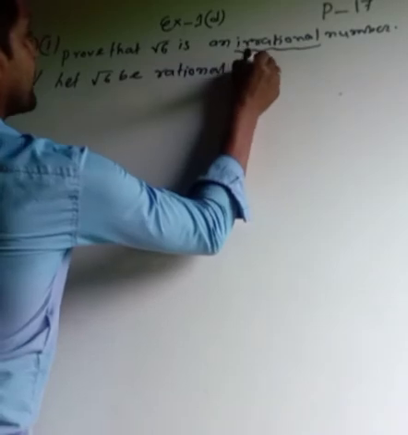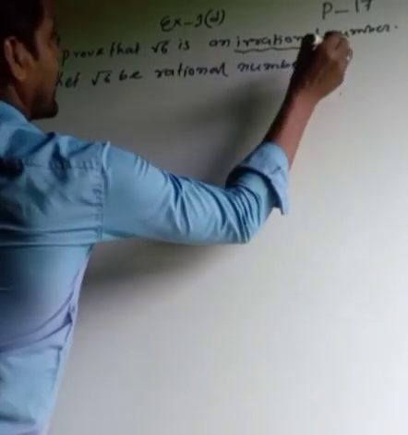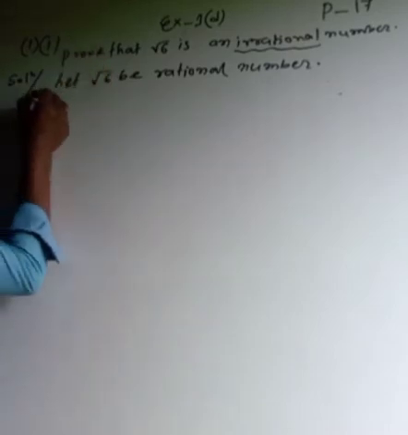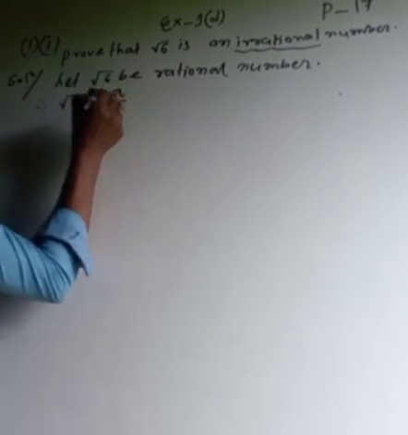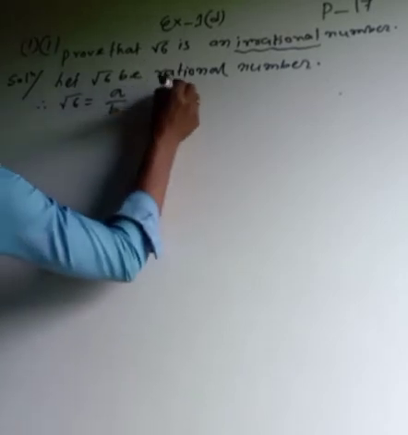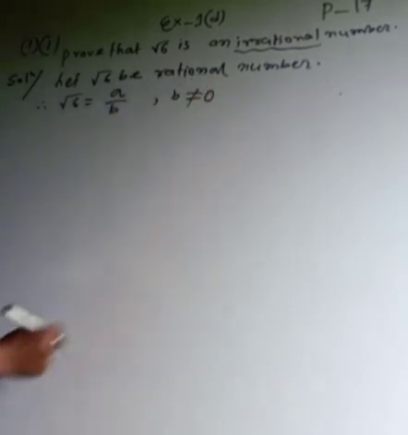We have considered that root 6 is a rational number. We have to prove this is an irrational number. So root 6 being a rational number means root 6 equals a by b, and b is not equal to 0.